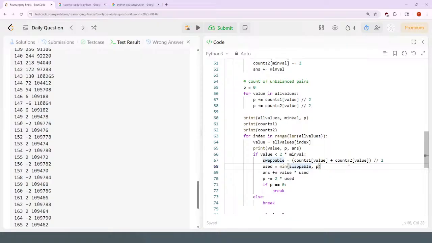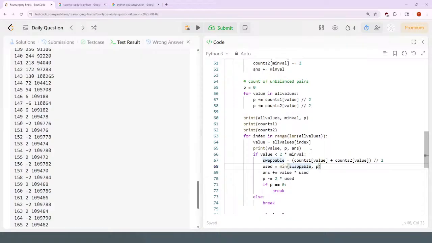No, this is not correct. So if the number of pairs was 2, here ends up being that the swappable was bigger than the number of pairs. Swappable becomes used, becomes minus equals. So each swappable pair means I use up 2.